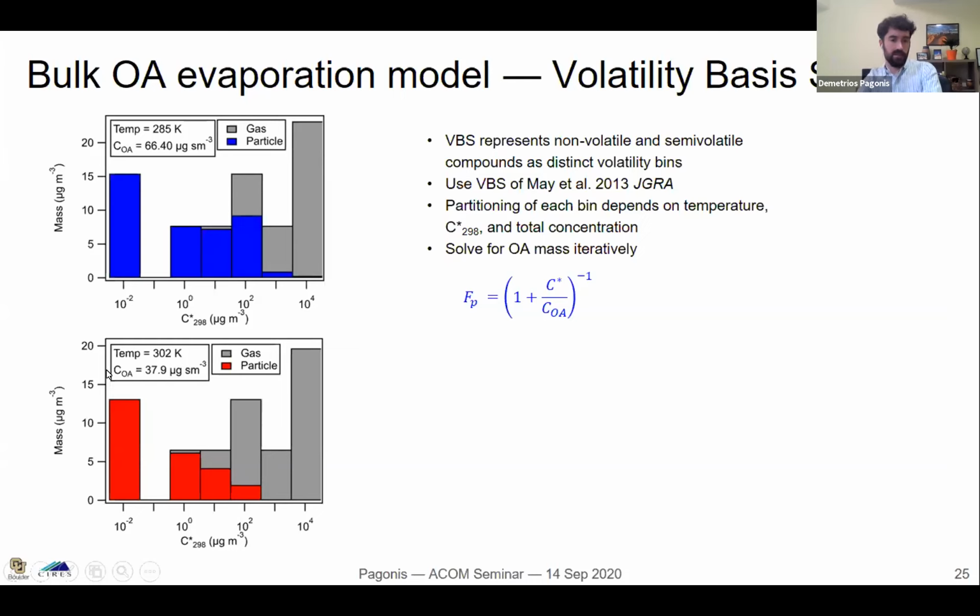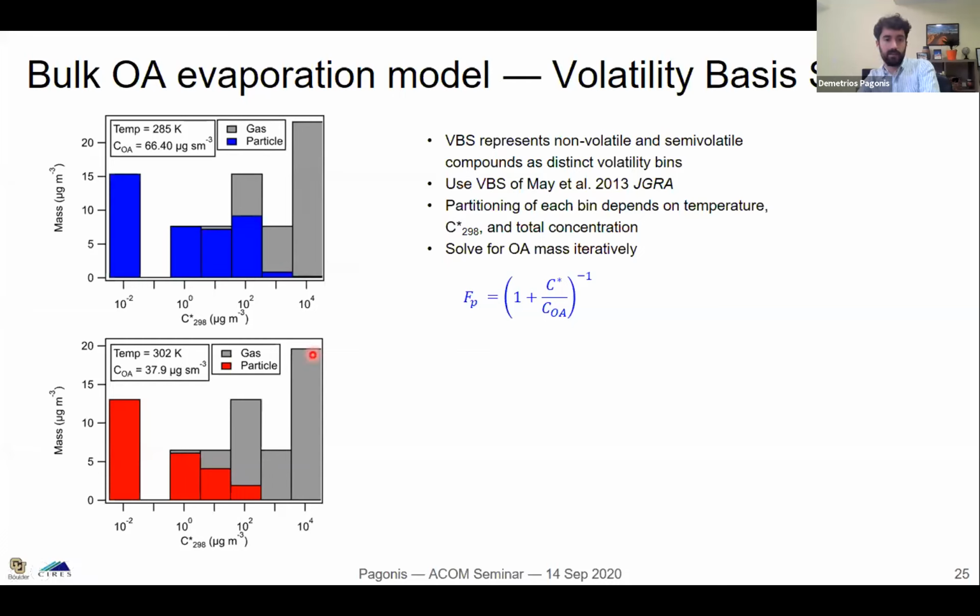And so here what I'm showing is now at the bottom of the run where things have been both heated and diluted slightly. And you can see that this volatility basis set is predicting that we should drop down to about 38 micrograms per cubic meter of total OA. And so here, both the dilution and the shift in volatility caused by the change in temperature are driving OA evaporation.